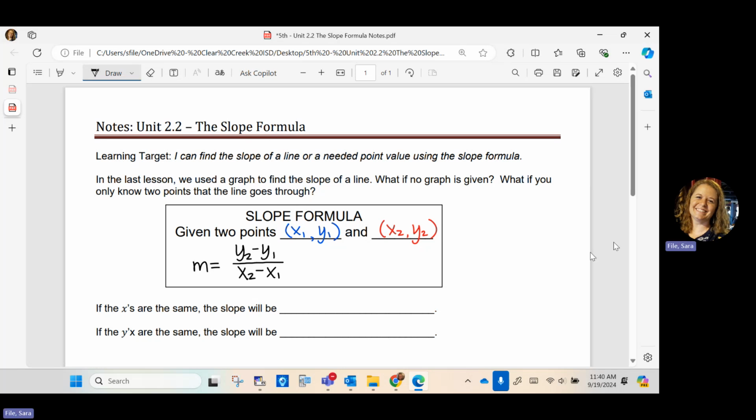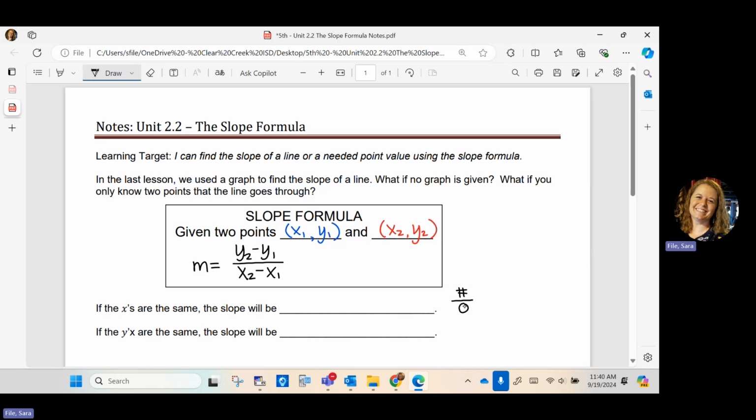So if I have 0 in my denominator, I don't know what the change in y is, whatever number you get up here, but if you get a 0 on the bottom, can you divide by 0? This is what we talked about in the notes before when we said the undefined slope versus the 0 slope.